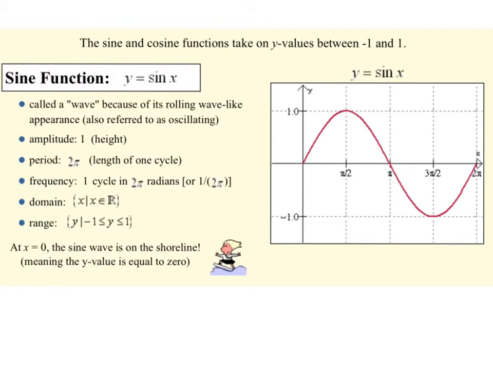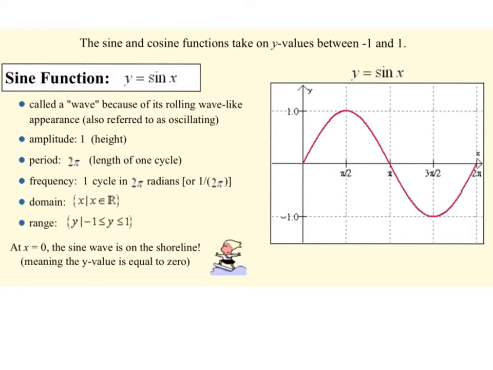Now let's take a look at the sine function in a little bit more detail. Some things to know about any trig graph is that it has certain vocabulary that goes along with it. One thing to know is that the typical standard form of a sine function is y equals sine of x. Now we can manipulate that in a lot of ways, and we'll talk about that in just a moment. But something to know about both sine and cosine is that it has something called amplitude, which is its height.